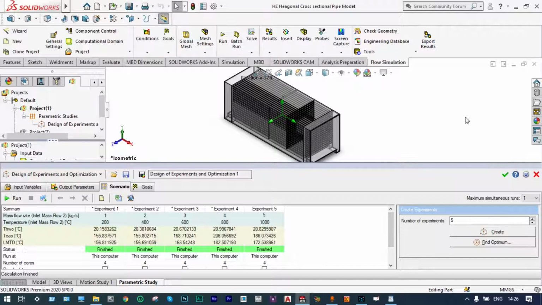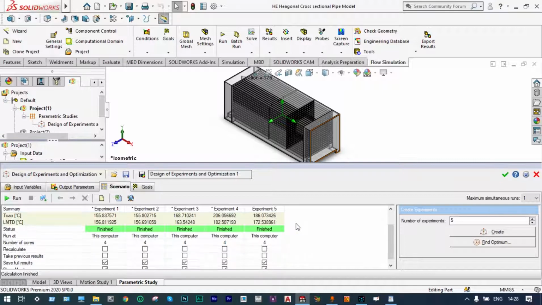We got 5 sets of experimental results, and in all cases we could find that what we expected, that is the temperature increase at the exit of cold water, we didn't get that much of an increase. The initial temperature of cold water was 20 degrees centigrade, and at the highest temperature of hot air, which was 1000 degrees centigrade, we found the increase in temperature of cold water is only 0.82 degrees centigrade.